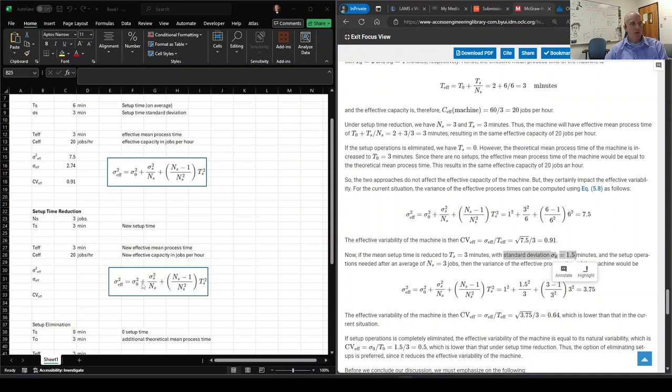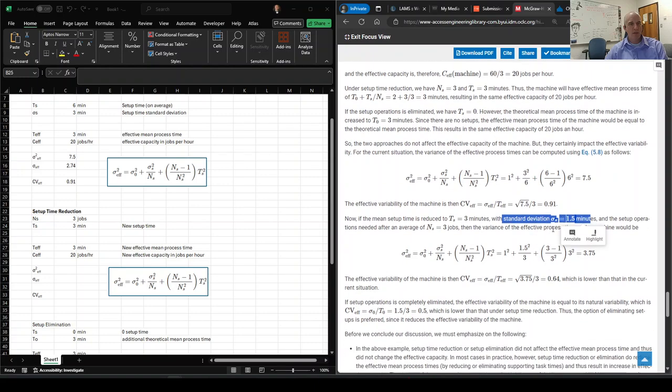In other words, we're still trying to figure out this equation right here. We're looking for the standard deviation of the setup. Here it says 1.5 minutes, so we're going to go with what it has in this portion of this example. Up above, I believe it says 1 minute, but we're going to use the 1.5 minutes here to follow along with the book in these equations.